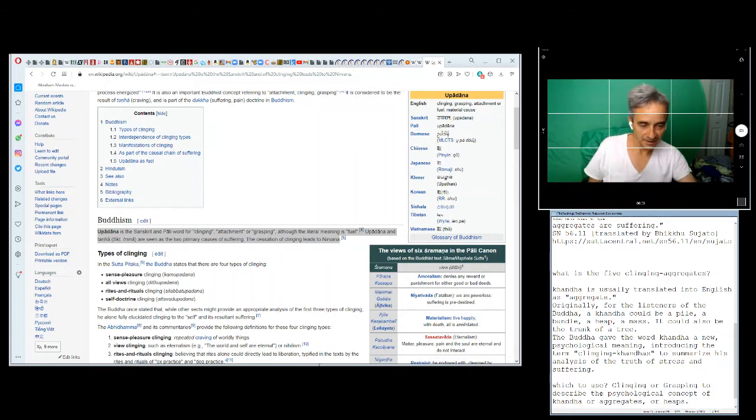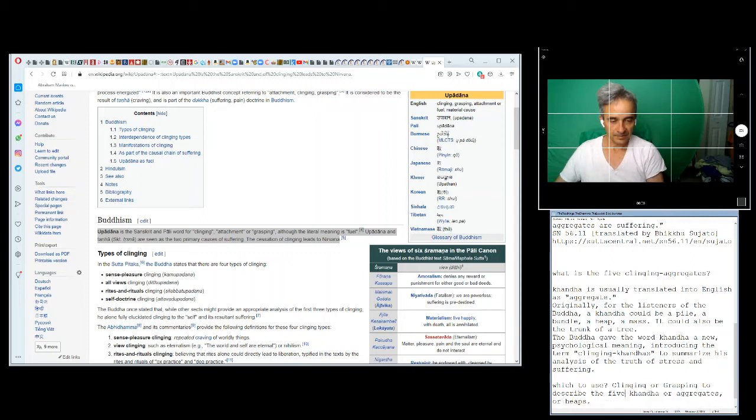Which adjective to use? Clinging or grasping? Clinging or grasping? To describe the five khanda. Or aggregates.